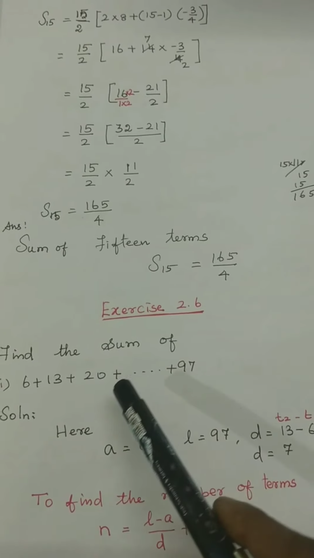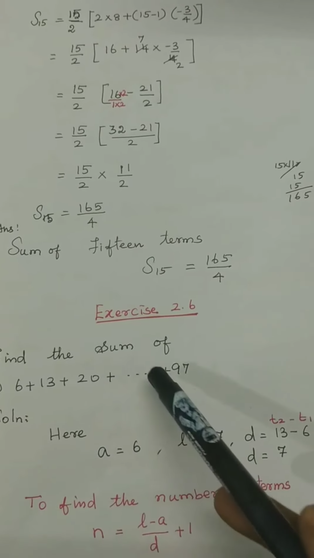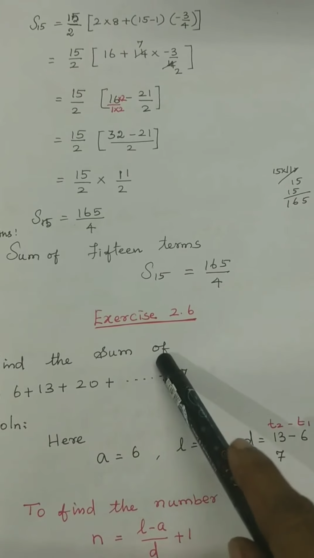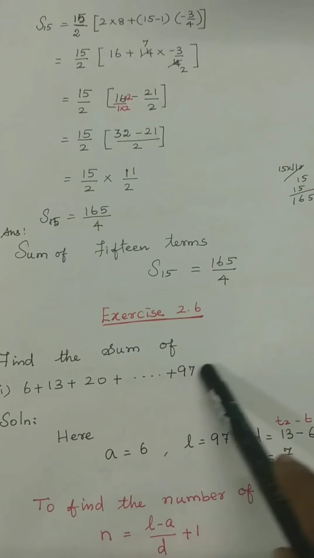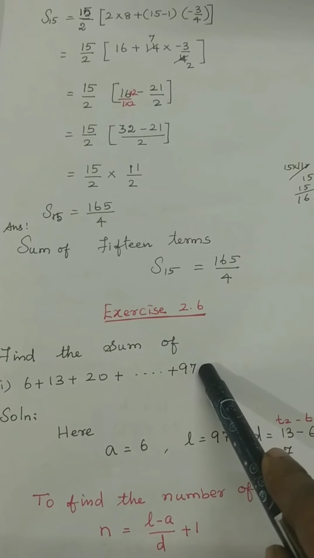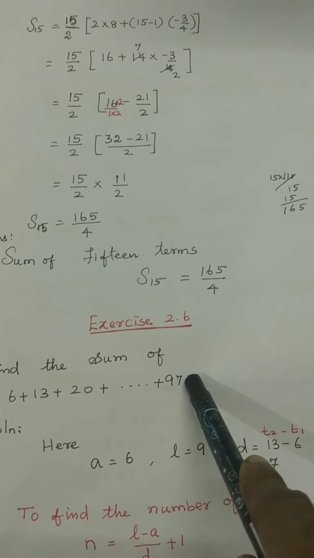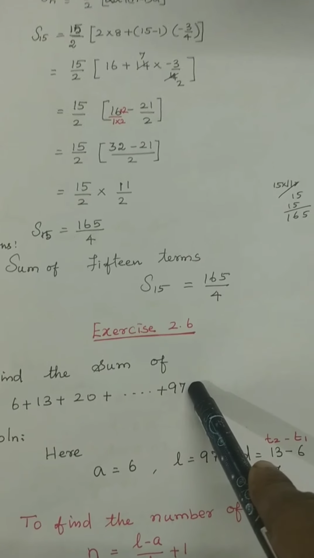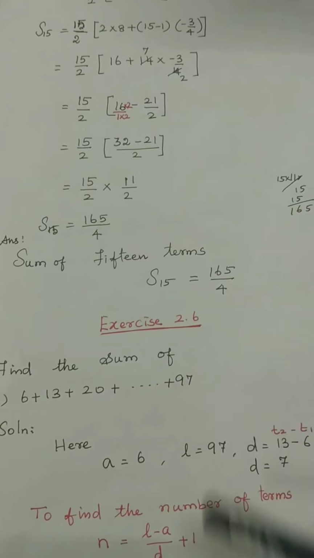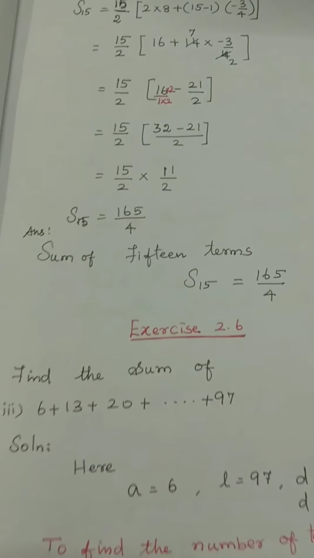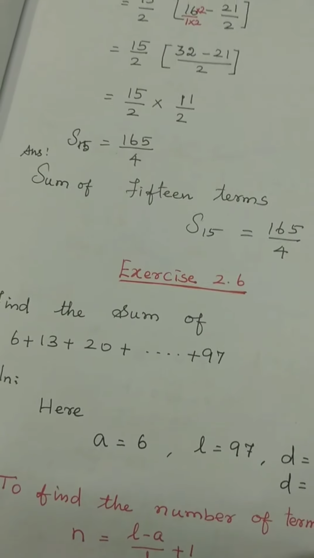But we have to know n. We don't know the number of terms, how many terms are in this series. So we have to find that by using the formula n is equal to L minus A by D plus 1. Now we shall go to the answer.